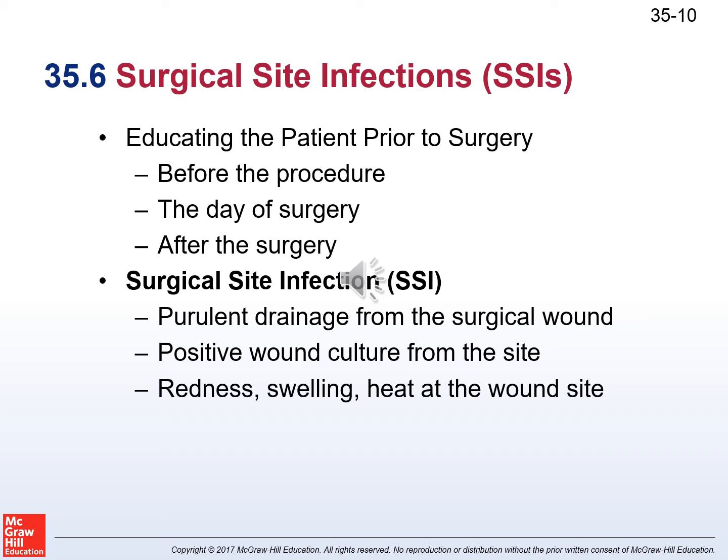A workplace culture of safety should be developed where everyone feels safe to speak up or even stop the procedure if the protocol is not being followed. Patients should be treated as part of the safety team in preventing SSIs and be aware of the warning signs after the procedure.